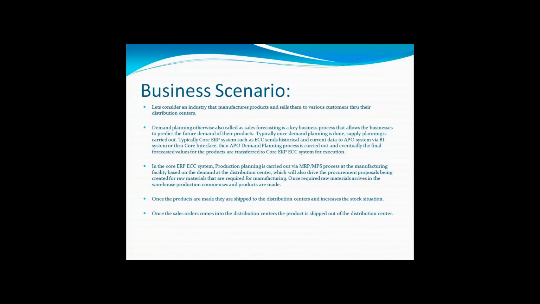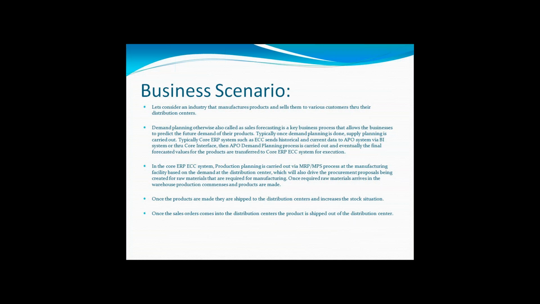In the core ERP ECC system, that's where production planning is carried out. So we do MRP and MPS in the manufacturing facilities based on the demand of the distribution center, which will also drive procurement proposals being created for raw materials that are required for manufacturing. Once the required raw materials arrive in the warehouse, the production process is done and the products are available.